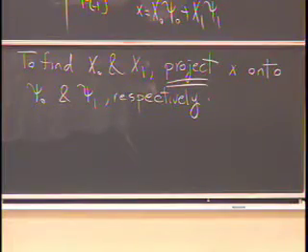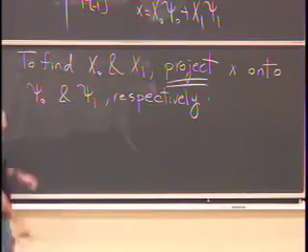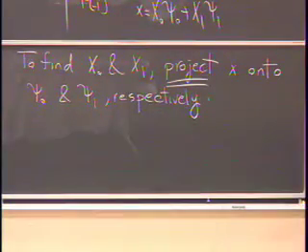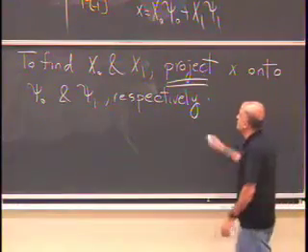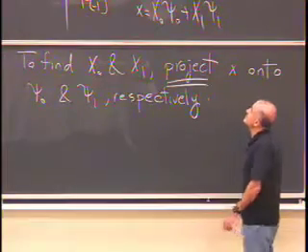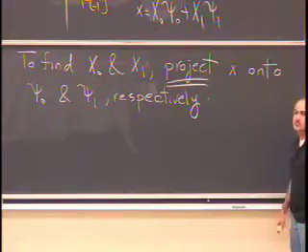When you project, what number do you get? 1. You get the first component. And when you project x onto phi1, you get 2. So that you can do by just looking at it. In this case, you can't just do it by looking at it. So you've got to come up with a formal way. What does projection mean? What does it mean to project x onto phi0?